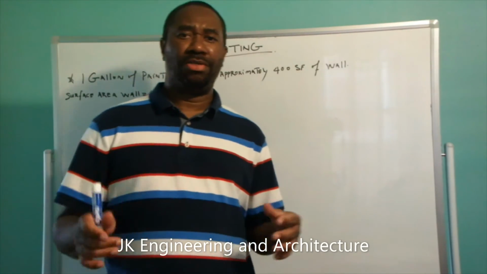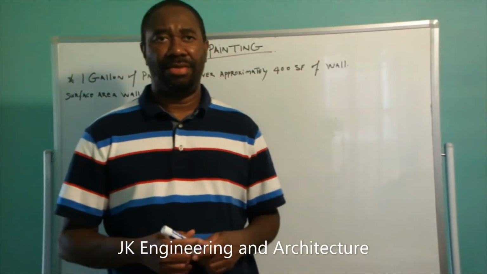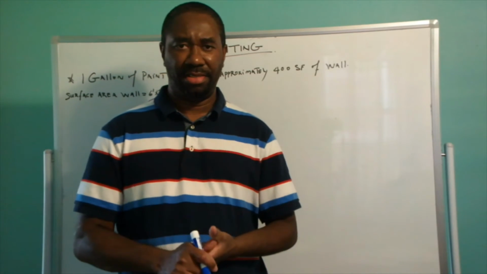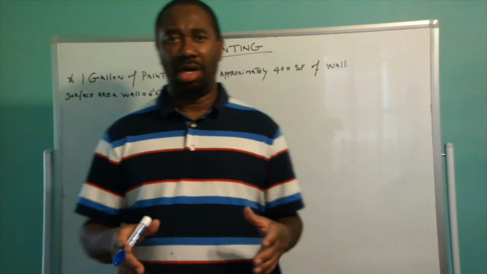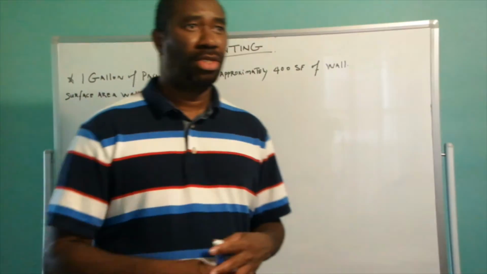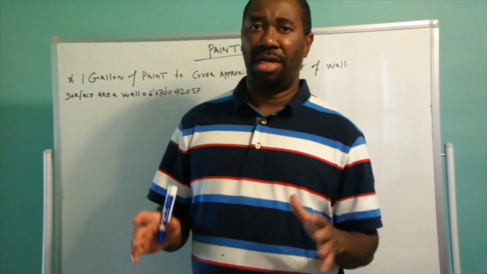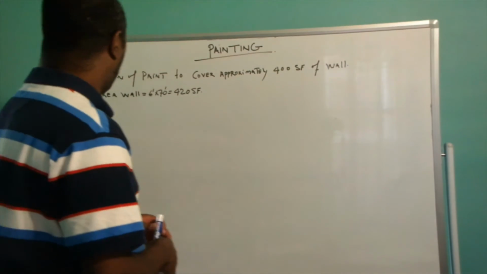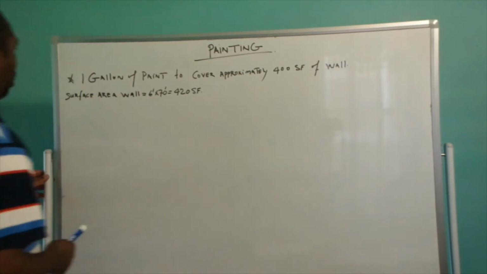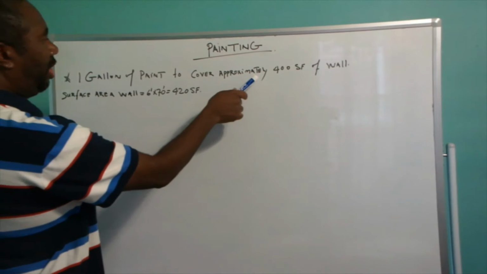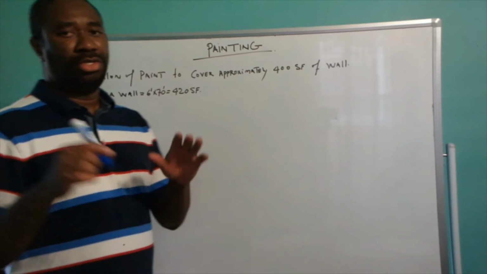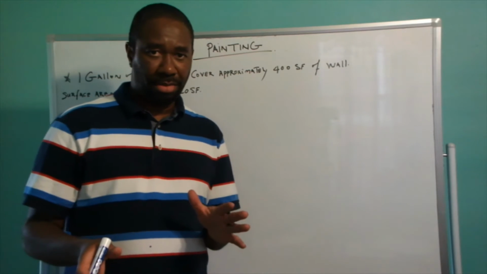Now I'm going to be calculating the amount of paint that it will take to paint this wall structure here. Based on my research, it is going to take 1 gallon of paint to cover approximately 400 square feet of wall.